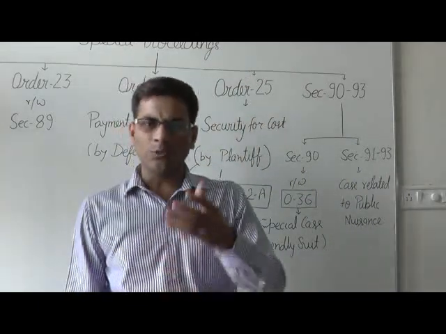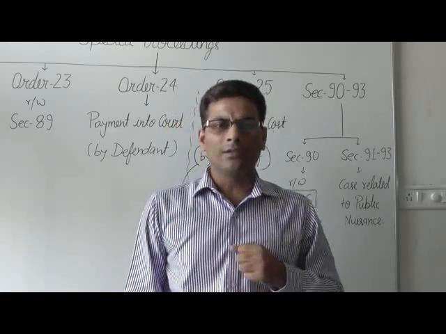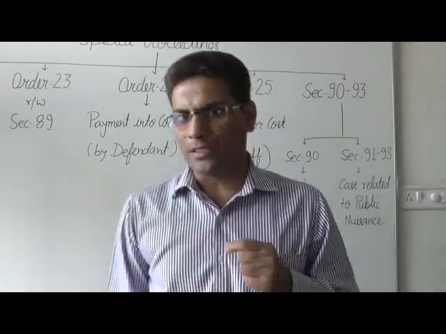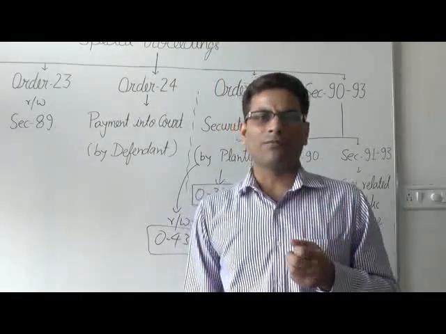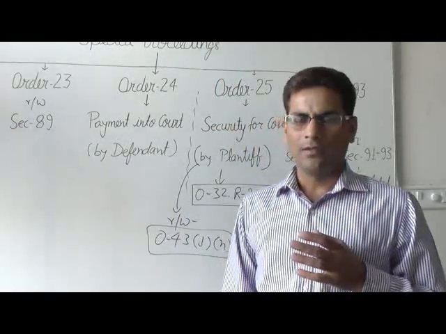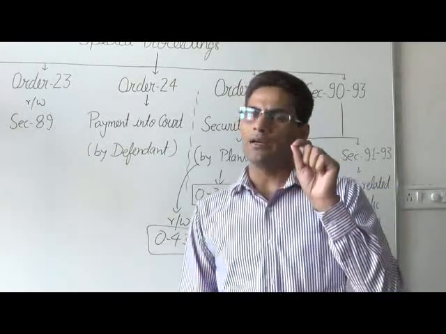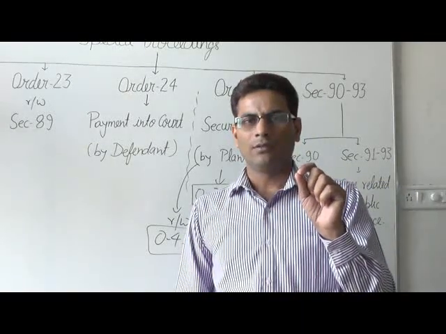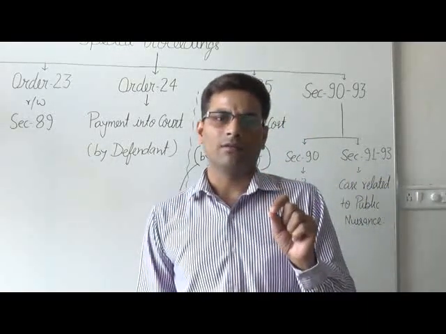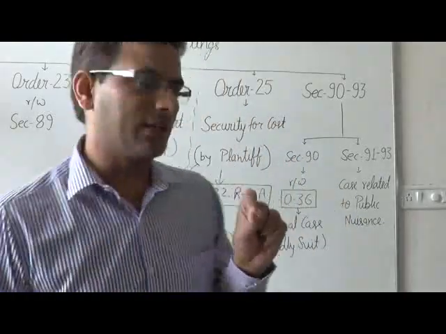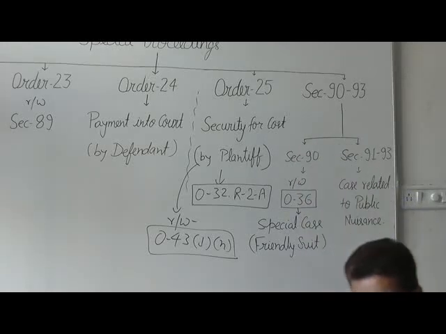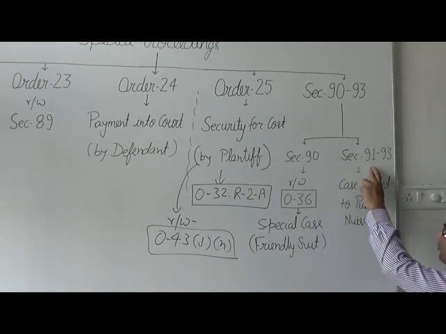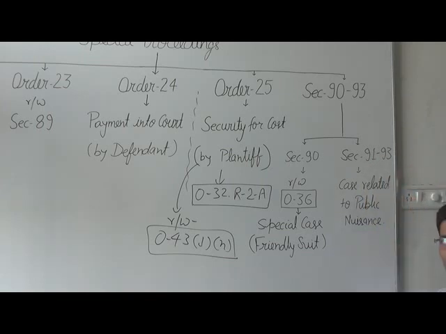I think that you know that generally public nuisance is not the subject matter of civil litigation. Public nuisance is generally an offense only, a matter of criminal litigation only. But an action might be taken for public nuisance either under section 91 or section 93.